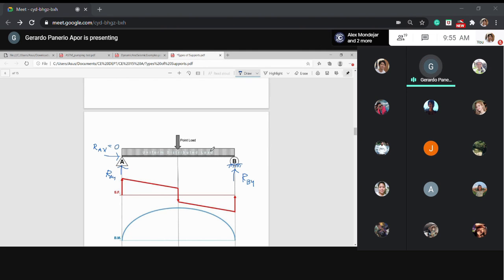It must be complete. So that you can determine the internal forces such as the shear force at any point within the beam and the bending moment also at any point within the beam.